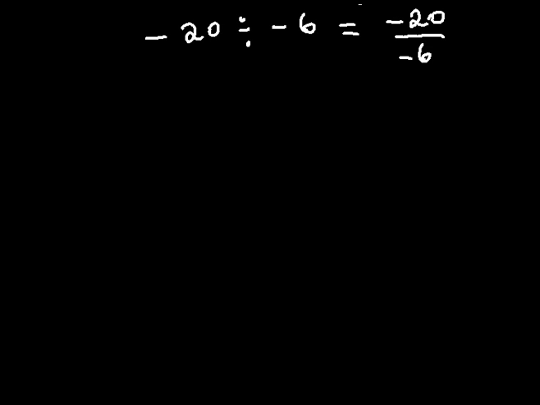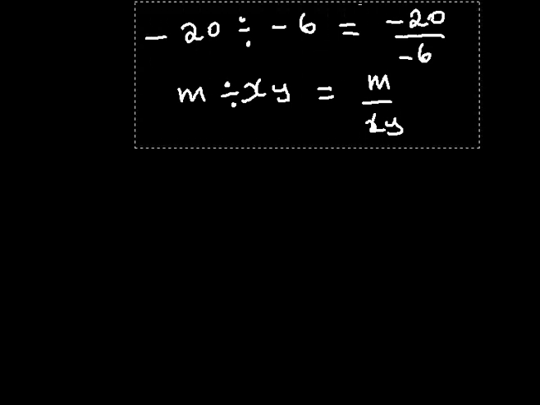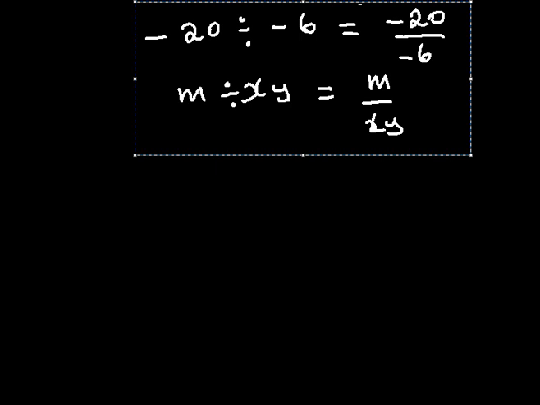And also if we have a number given as m divided by xy, this is the same as having it as m over xy, according to the principle behind. So there are ways in which the division of the numbers can be presented. Either we can present it in form of a fraction, or we can present it using the division sign like that.